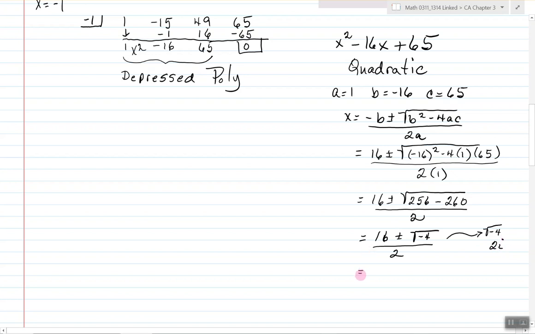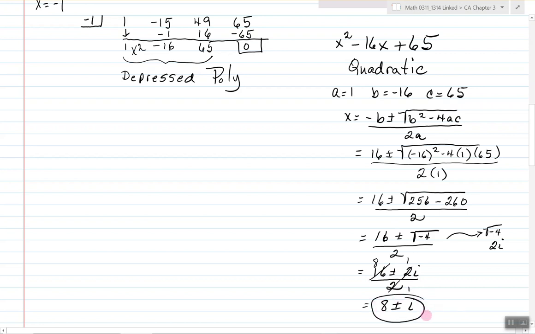So this is 16 plus or minus 2i over 2. Reduce: 8 plus or minus i. I divided 2 into 16 to get 8, 2 into 2i to get i, and 2 into 2 to get 1. I didn't need to write the 1.